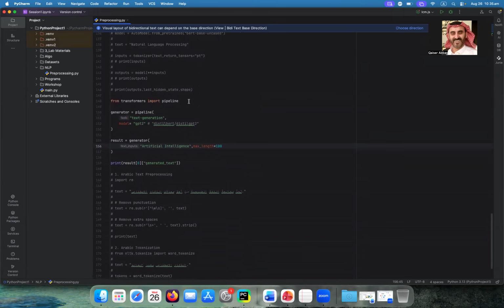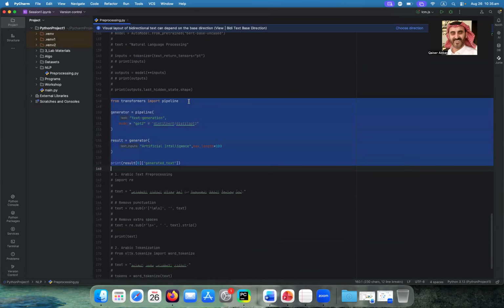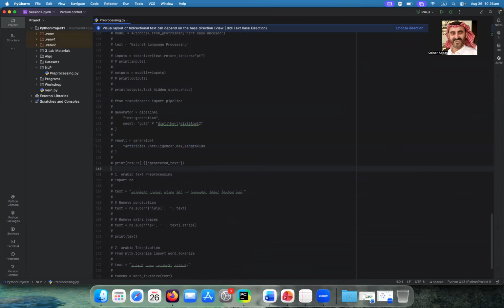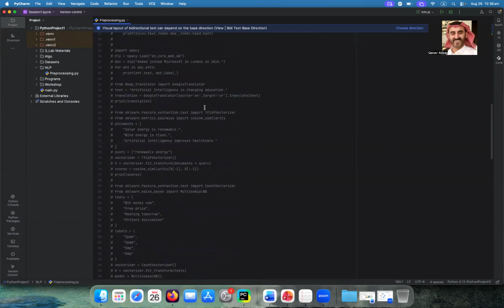I was checking something last night, but now I want to make it a comment. I was checking other models, what models I can have access to. For example, I can access ChatGPT, I can access DistilBERT. I was checking this thing.